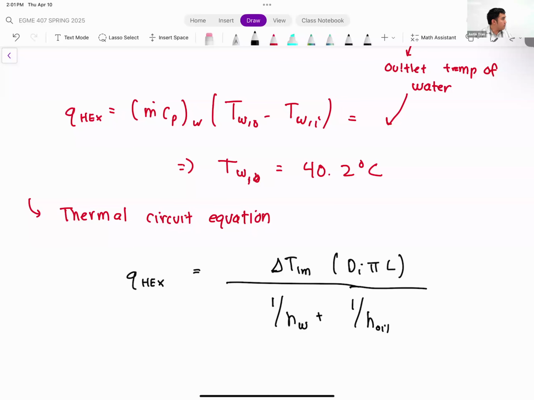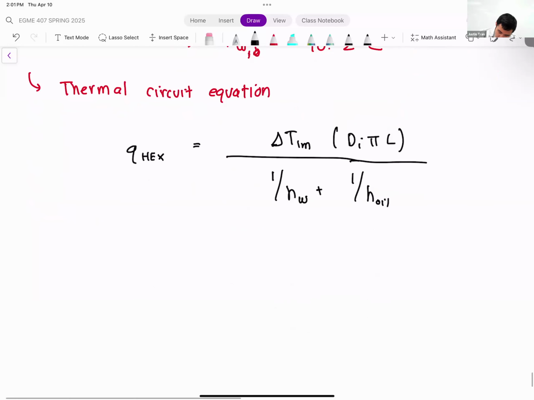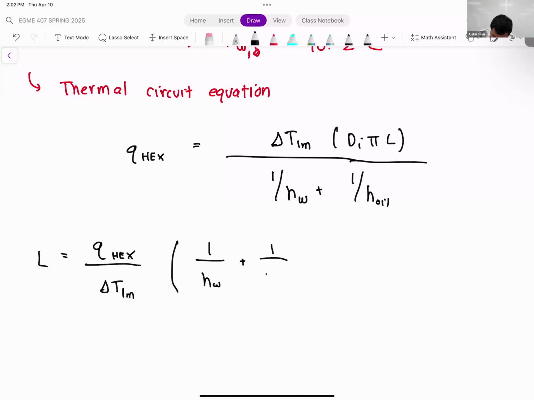For this equation, we can solve for L. So L is equal to Q hex divided by delta T log mean, multiplied by 1 over h of the water plus 1 over h of the oil, times 1 over Di times pi.